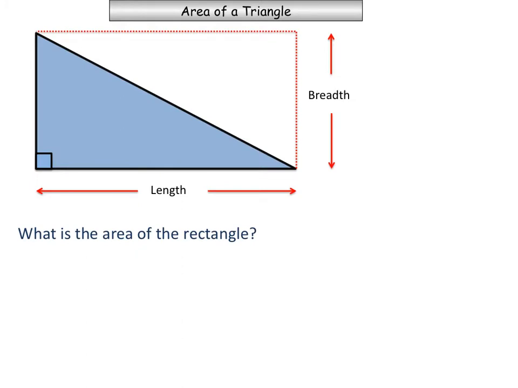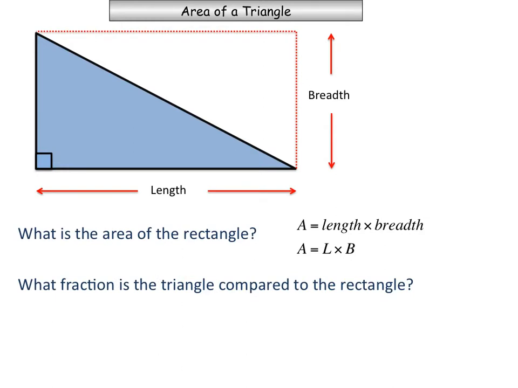Now what is the area of that rectangle? Remember what we did last lesson where we found the relationship between the number of square units inside that rectangle. And the formula we ended up getting is the area is the length times the breadth.